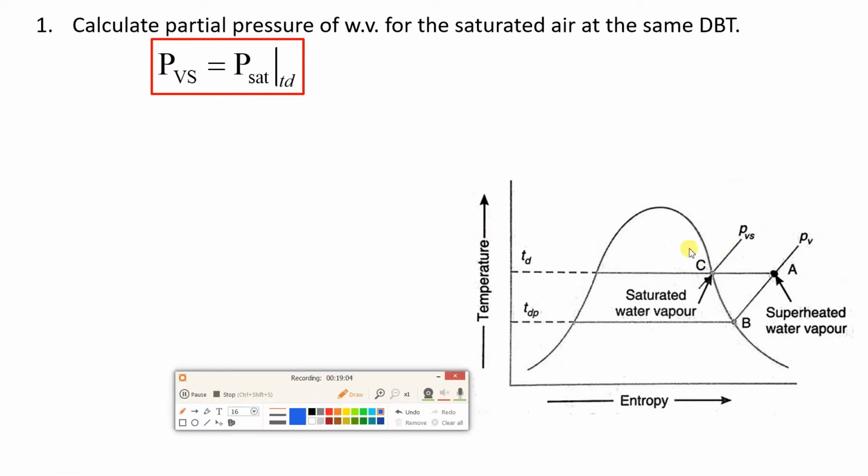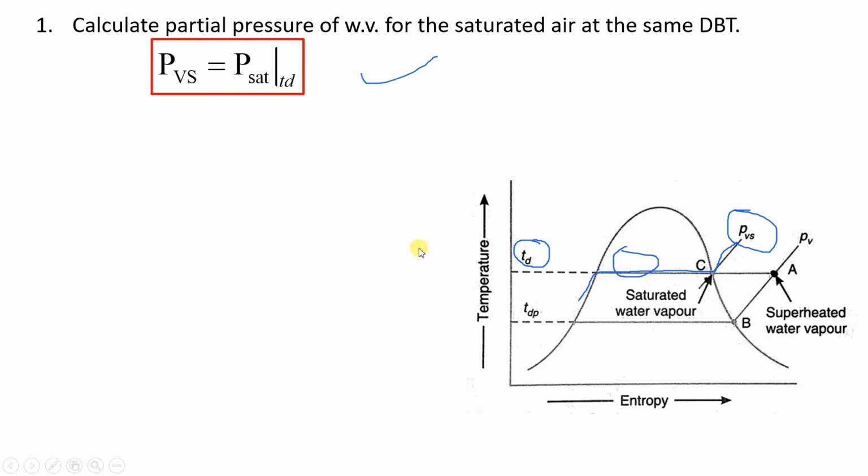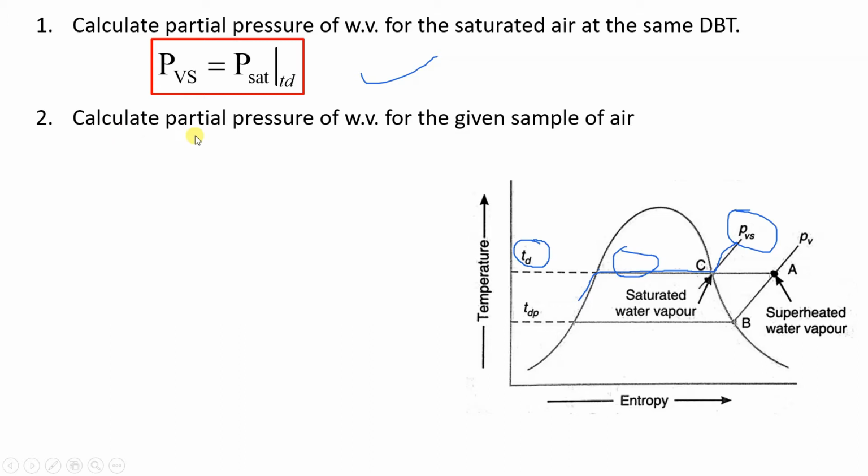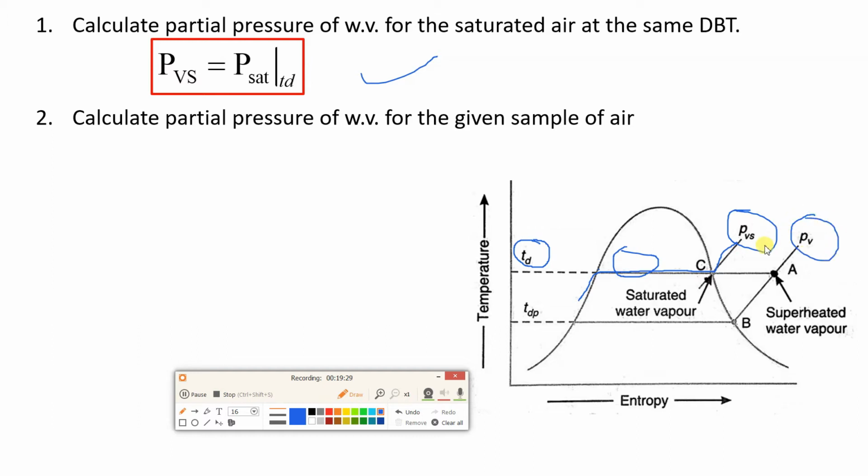Here you can see in this diagram, this is the pressure. So what is PVS? It is Psat, the saturation pressure at TD temperature. This is the first step. In the second step, we calculate the partial pressure of water vapor, this PV value.